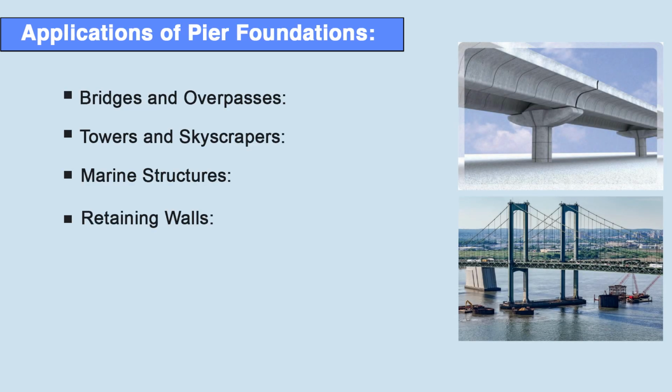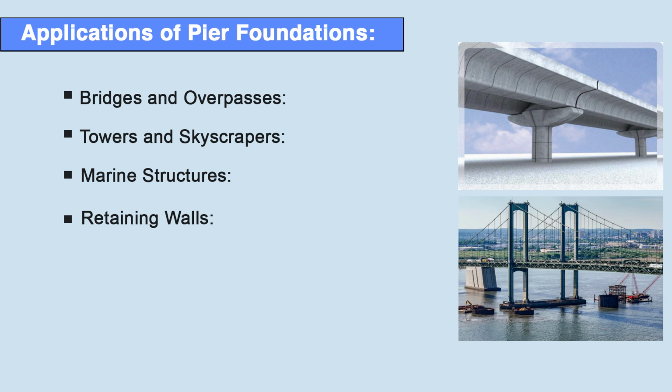Then what are the various applications of pier foundations? First is bridges and overpasses. Due to their ability to reach deep stable layers, piers are commonly used in the construction of bridges. Second is towers and skyscrapers. Tall buildings with heavy loads often require deep foundations like piers to ensure stability.